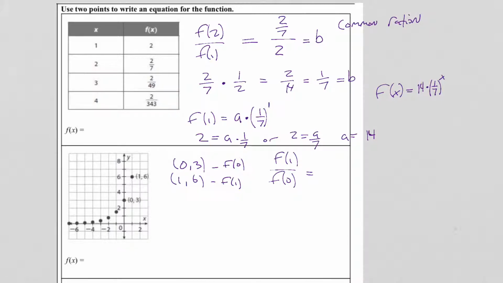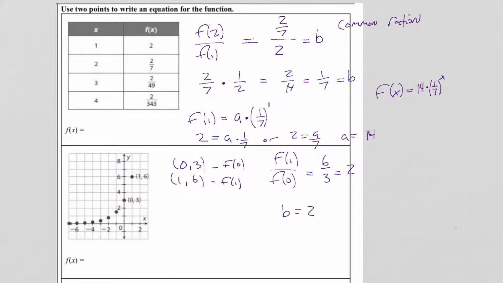F of 1 divided by f of 0 is essentially 3 divided by 6. Or it's the other way around, 6 divided by 3. Which is 2. So in this case, our common ratio is 2. So b is equal to 2.